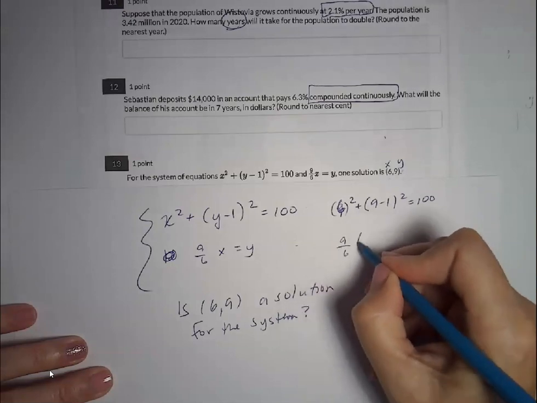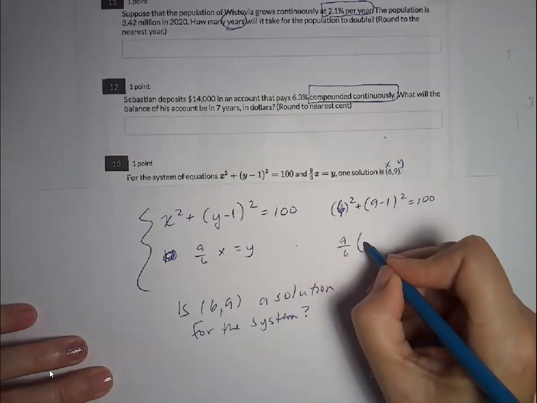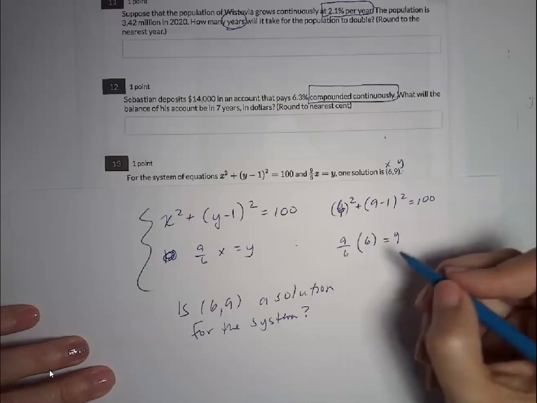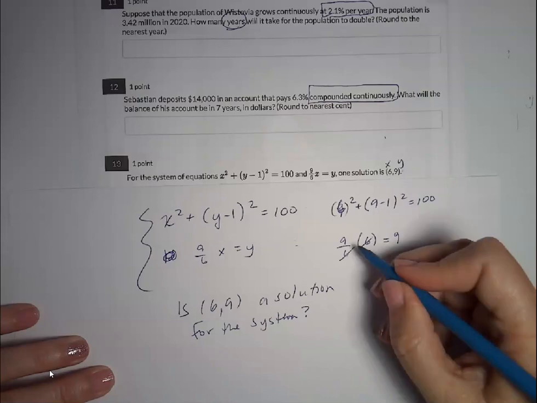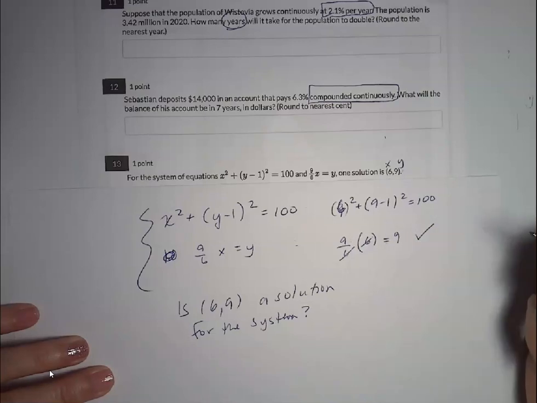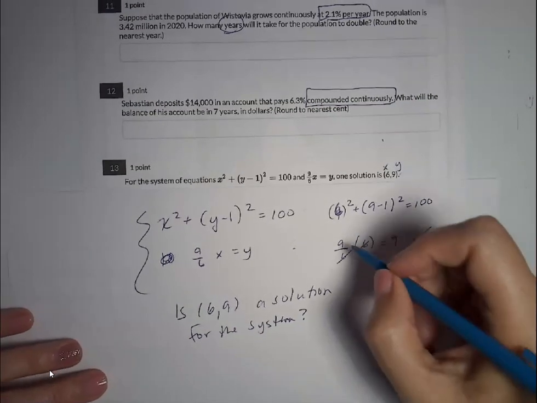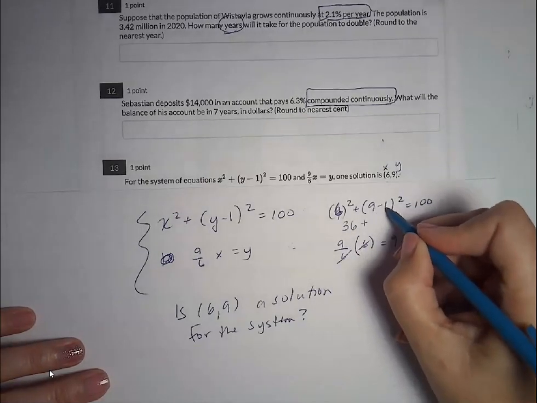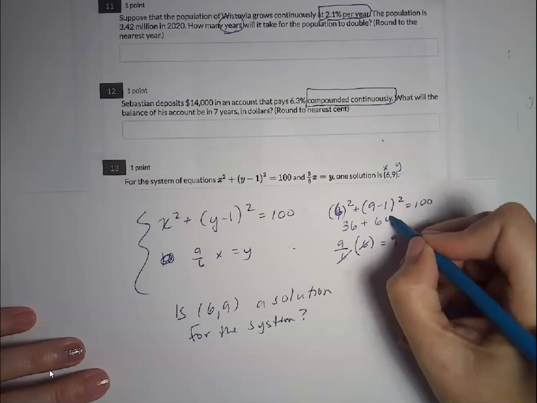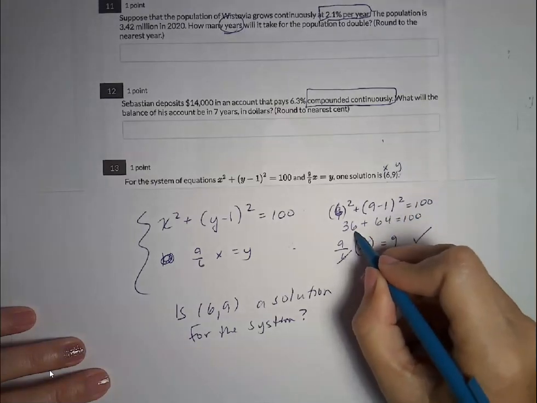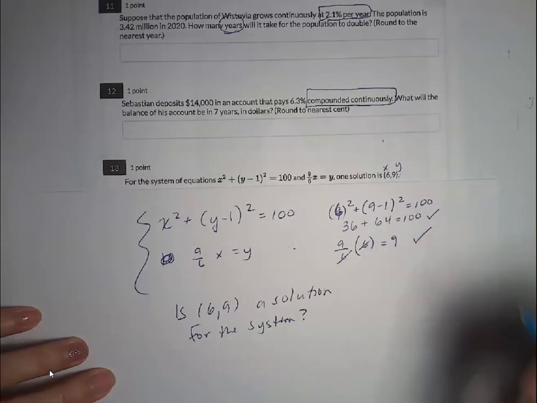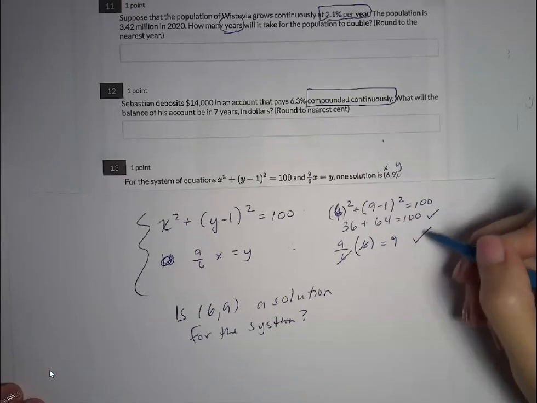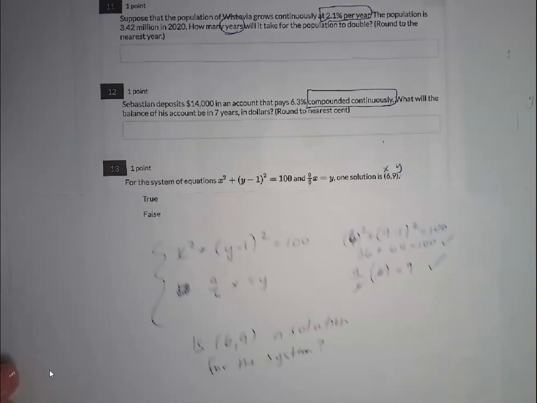But I also need to check 9 over 6 times x, which is 6, is equal to y, which is 9. I can quickly see that this is true. 9 equals 9. That one is true. Okay? Now let's check this one here. So this is 36 plus, and this will be 9 minus 1 is 8. 8 squared is 64. 36 plus 64, well, that is 100, and that one is true too. So 6, 9 is a solution because it made both equations true.